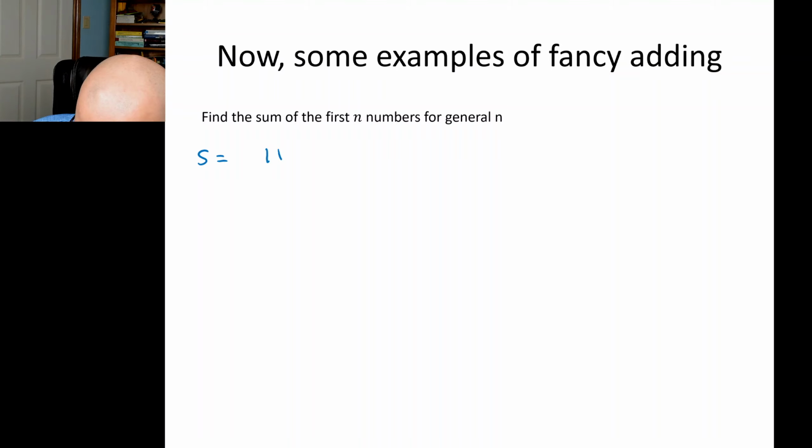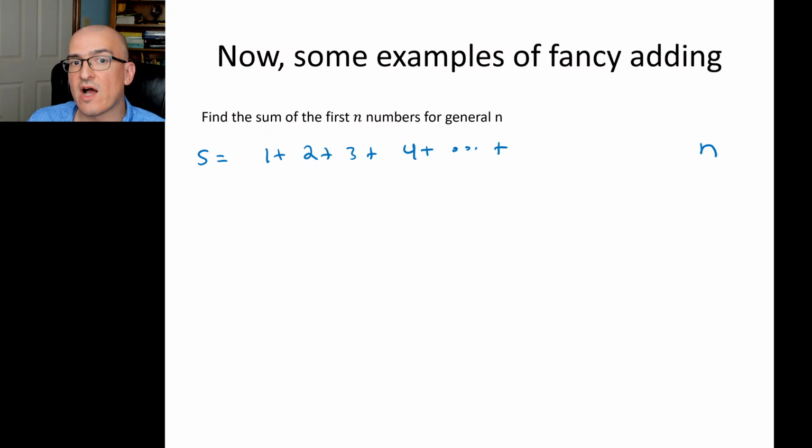S is equal to 1 plus 2 plus 3 plus 4 plus dot dot dot. Now I know my last number is going to be n. When n was 100, my second last number is 99. Now, I don't have an ability to say a 99, but I can say what the second last number is. It's one lower than that. Now, how do I make one lower? Well, I subtract 1.